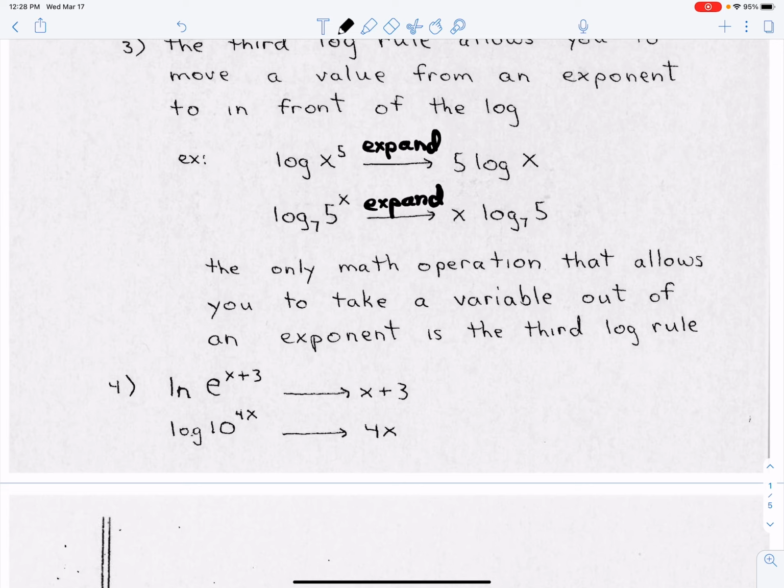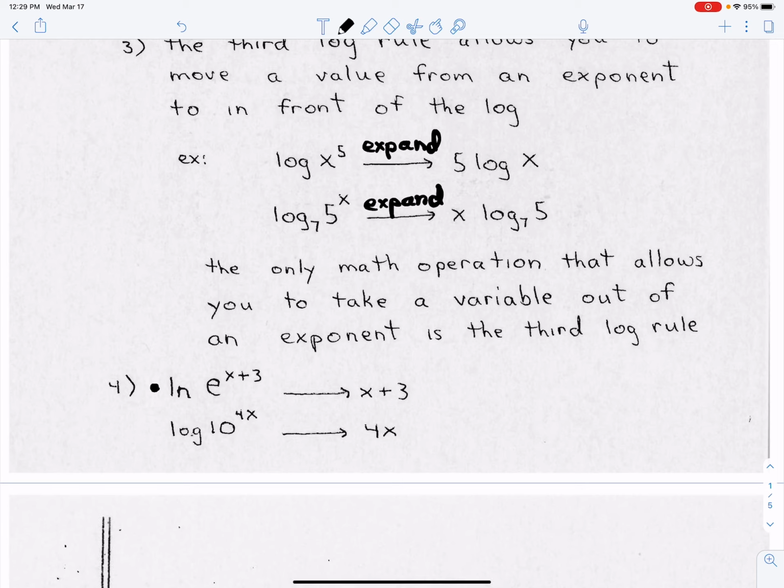Okay, 2 more things. Do you always need to use the third log rule to get something out of the exponent? No. Remember, you want to try and simplify the log first. So what's the base in this problem right here?